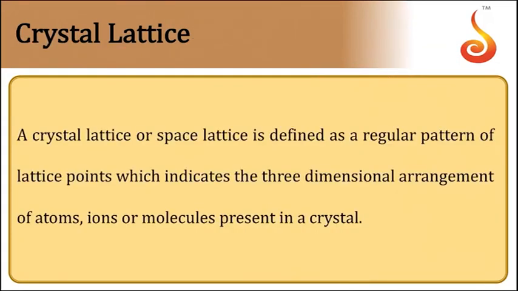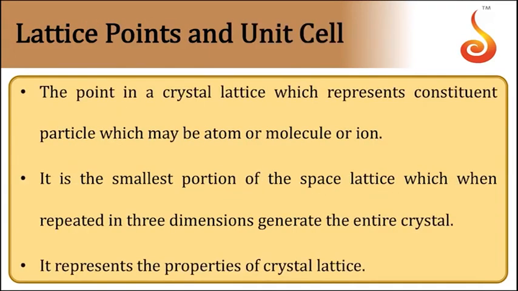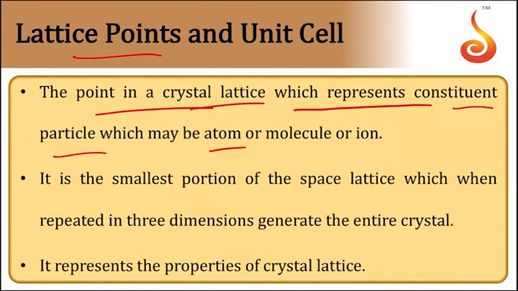The same thing once again: crystal lattice or space lattice is defined as a regular pattern of lattice points which indicates the three-dimensional arrangement of atoms, ions or molecules. A point in a crystal lattice which represents the constituent particle, which may be an atom, molecule or ion, is called a lattice point.